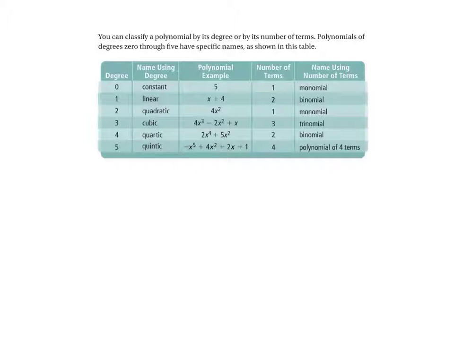They give an example and a number of terms. We name both with degree and number of terms. So 5 is a constant monomial, x plus 4 is a linear binomial, 4x squared is a quadratic monomial, and so on.